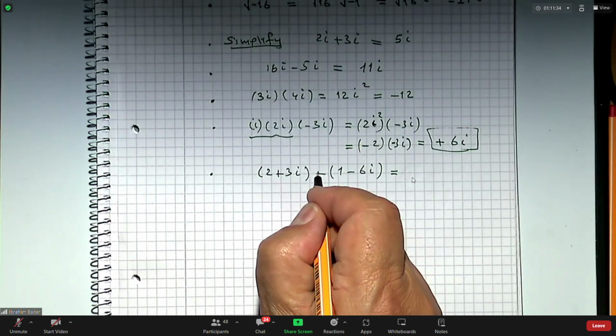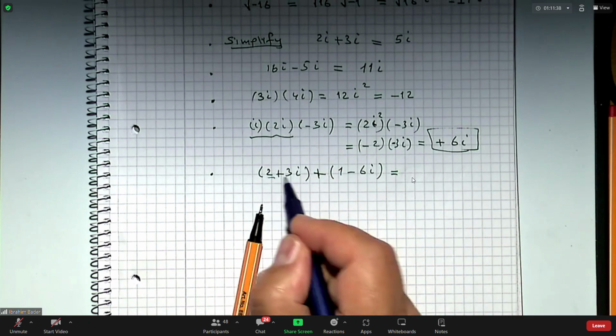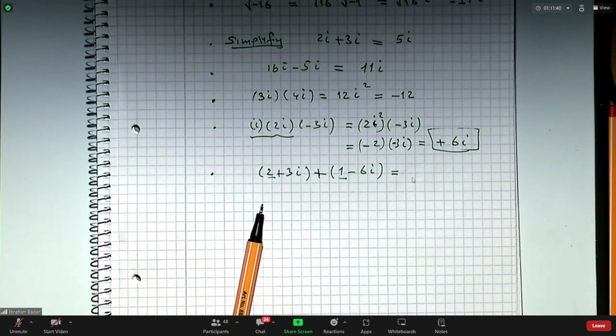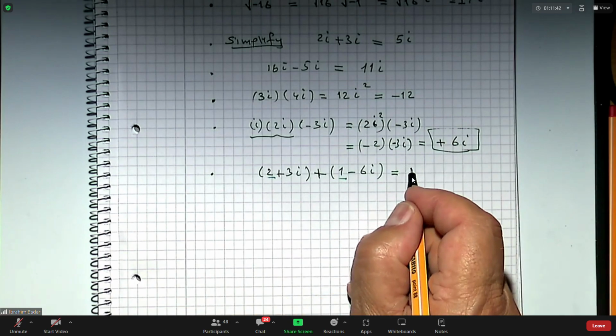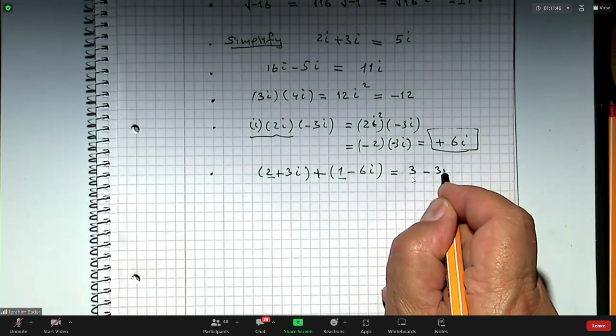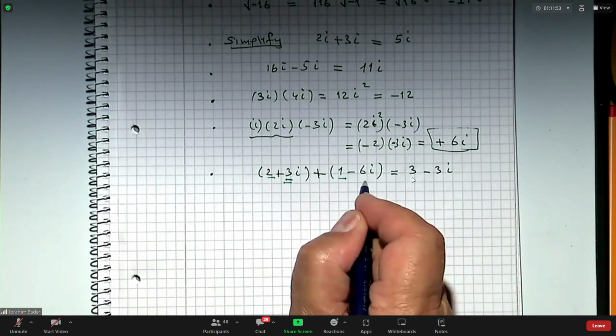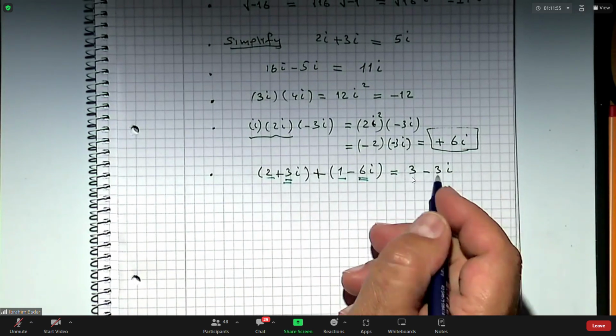Again, you add the alike components. So 2 with 1, you get 3. And 3 minus 6, you get minus 3i.